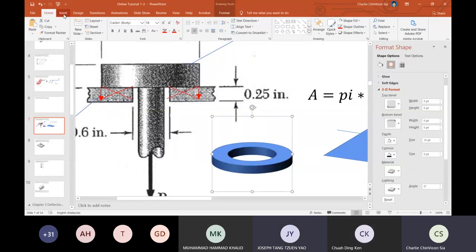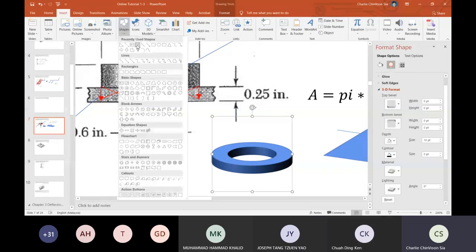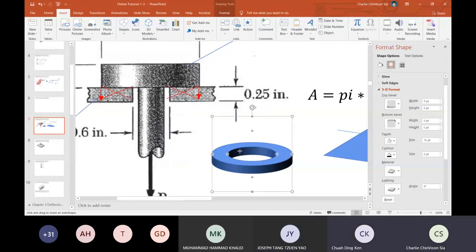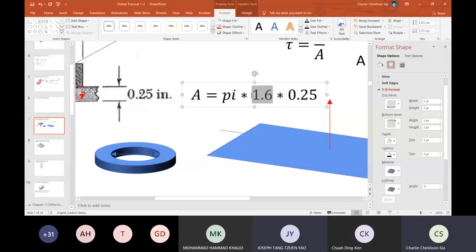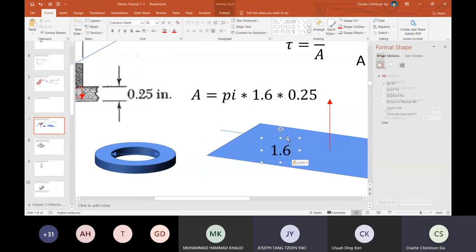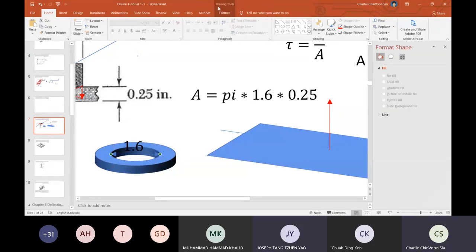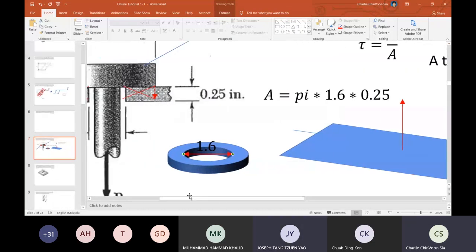So the diameter from here, I said 1.5, sorry, it's not 1.5. The diameter will be 1.6. The thickness is the same, 0.25.